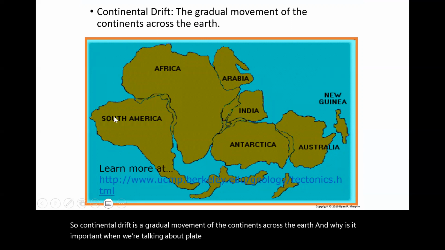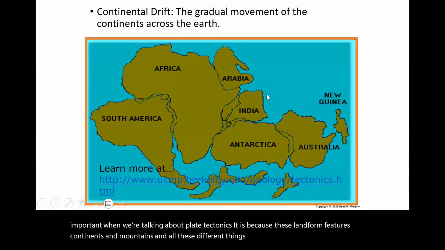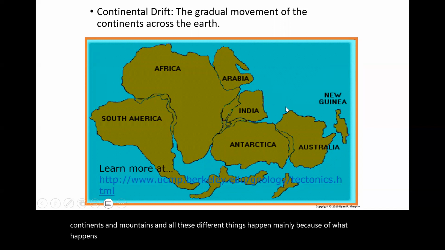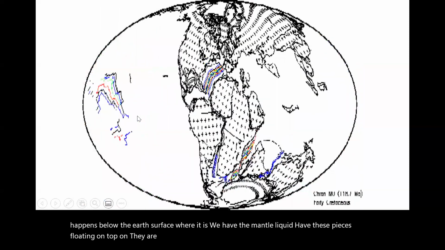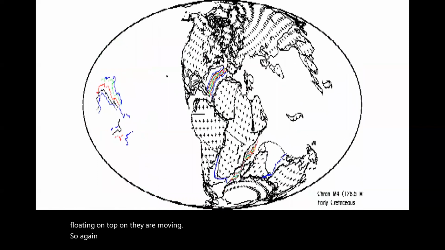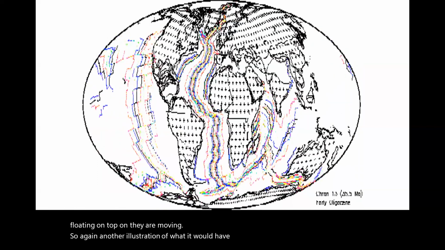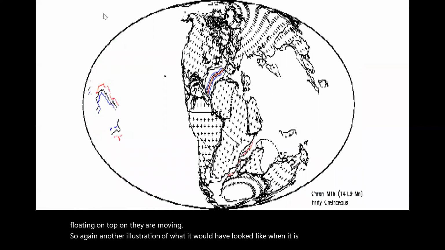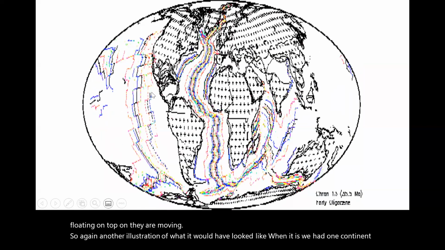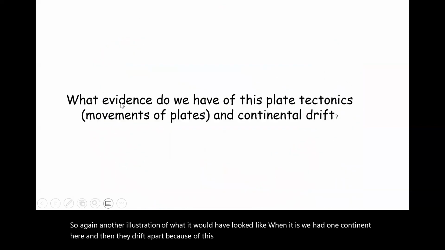It is because these landform features, the continents and mountains and all these different things, happen mainly because of what happens below the Earth's surface, where we have the mantle, like liquid, with these pieces floating on top and they are moving. So again, another illustration of what it would have looked like when we had one continent here and then they drift apart because of this movement of the plates.